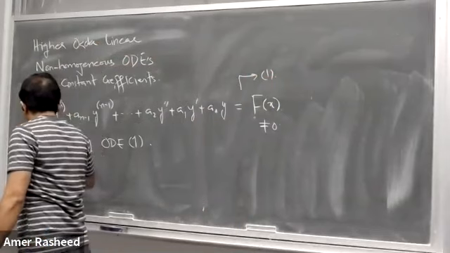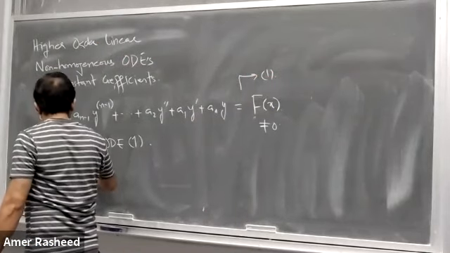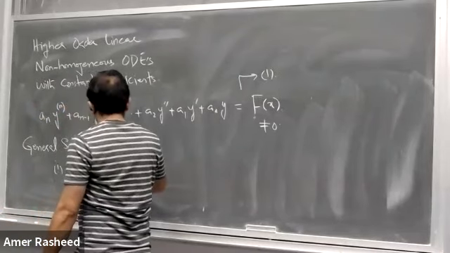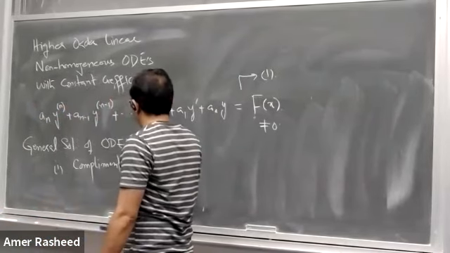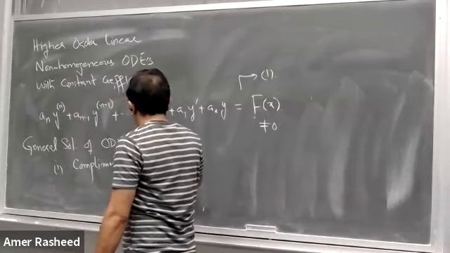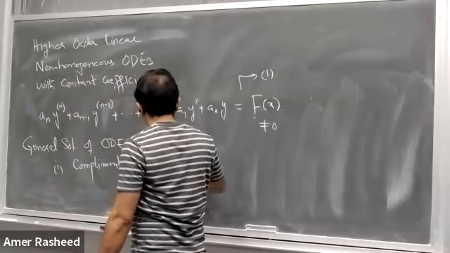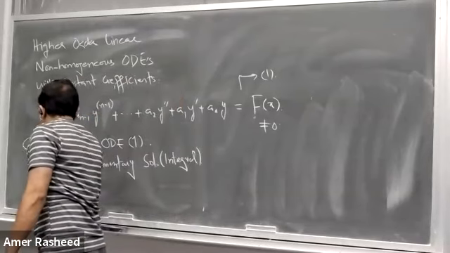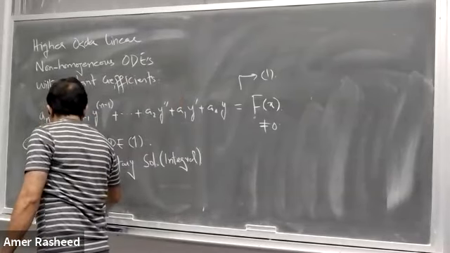One is the complementary solution, which we call the complementary solution or complementary integral. And the second, important one, is the particular solution.